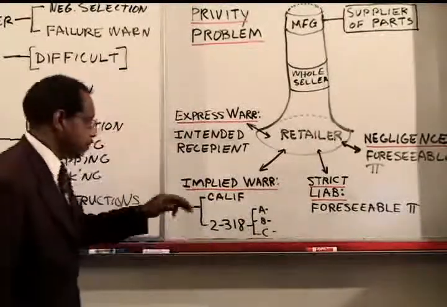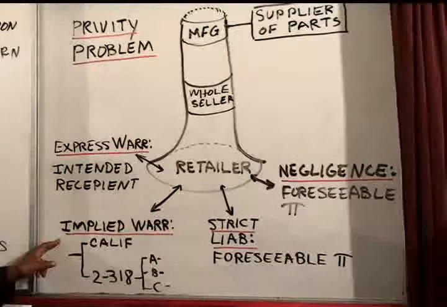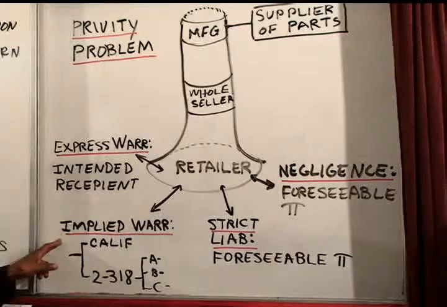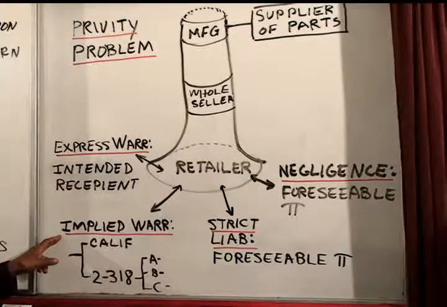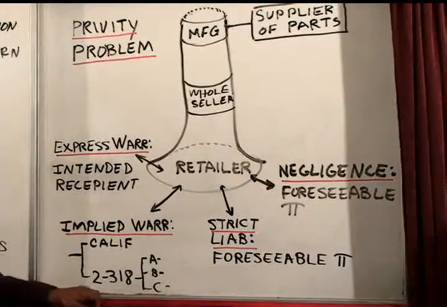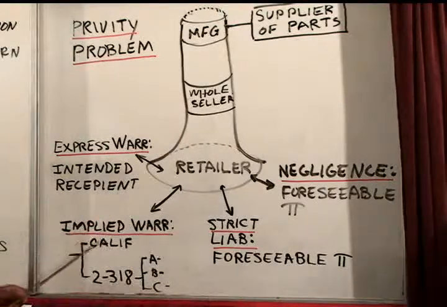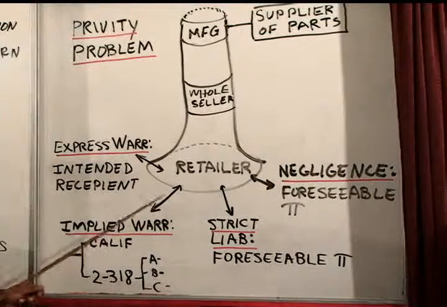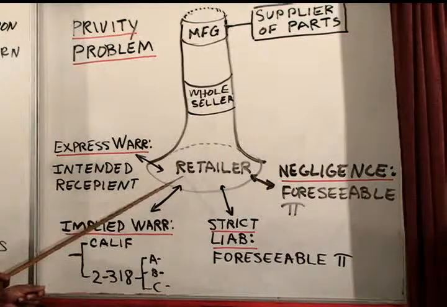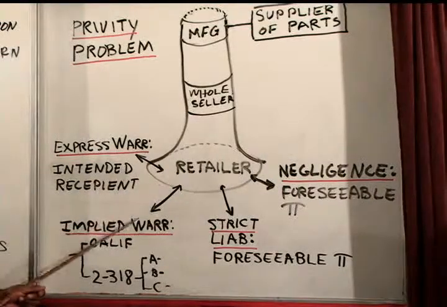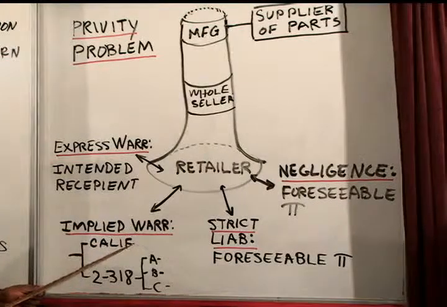So Hadley versus Baxendale applies to these pure economic losses here. If you have pure economic loss, like loss of profits, you might be able to recover that from the retailer if the retailer understood that you would suffer this damage if the product was defective.